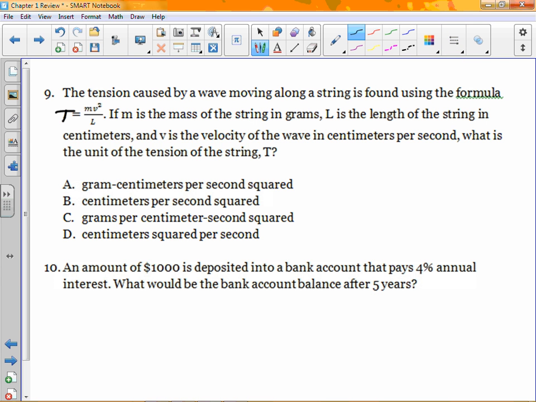T equals mv squared over L. If m is the mass of the string in grams, so m is mass, and it's given in grams, L is the length of the string in centimeters, and V is the velocity in centimeters per second squared.